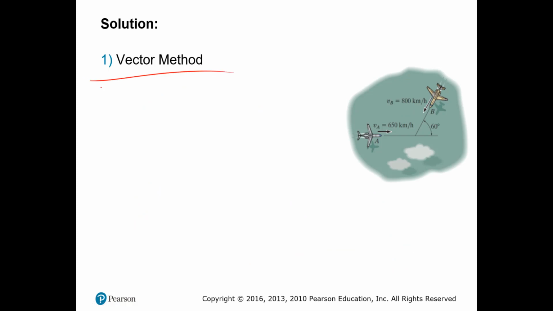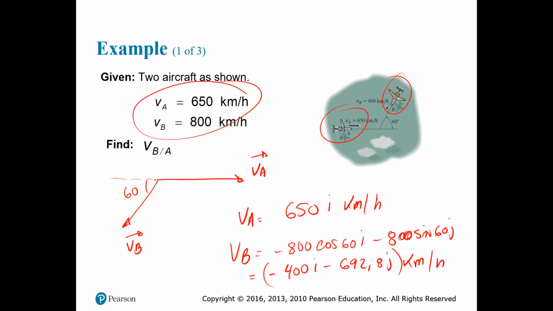So from the equation that I just learned, VB is equal to VA plus VB/A. If I solve this for VB/A, it's equal to VB minus VA. All I have to do is x with x's, y with y's, and that's it. Okay, so when solving that, you already have a component for i.